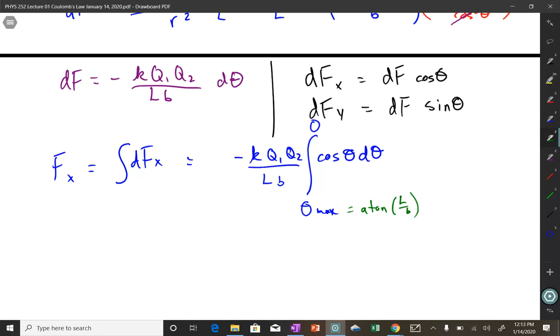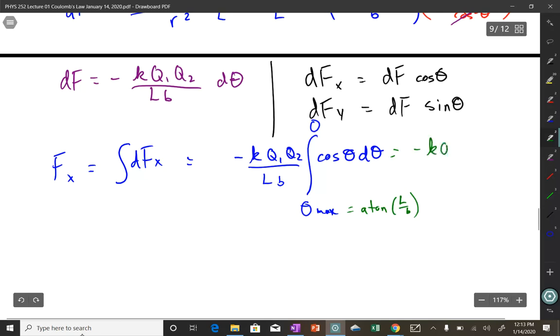Can you do the integral of cosine theta d theta? That should be sine theta. Or is it negative sine theta? No, it's sine theta. So sine of 0 minus sine of theta max, because you do the upper limit minus the lower limit.